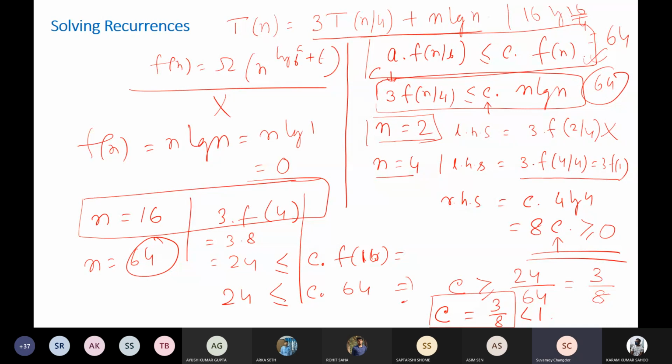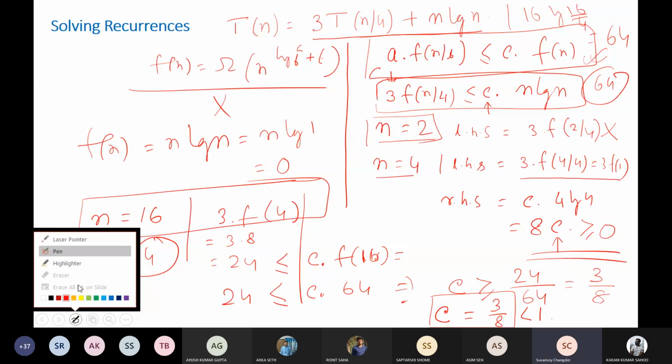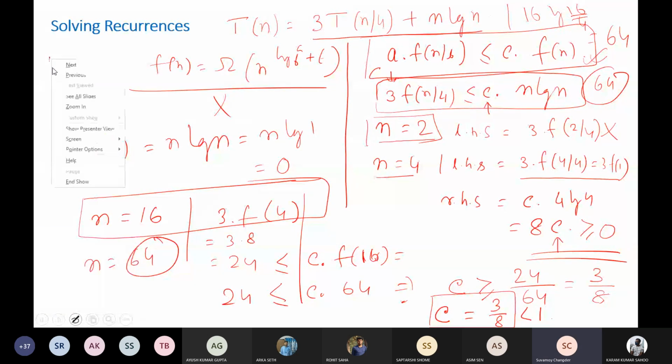So for today, we will stop. Next day, we will go for proving the master theorem. So before that, my request to all of you is that you should go at least for studying all this, so that next day we can go for the correctness or the proof of the master theorem.